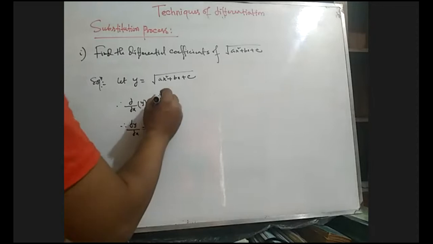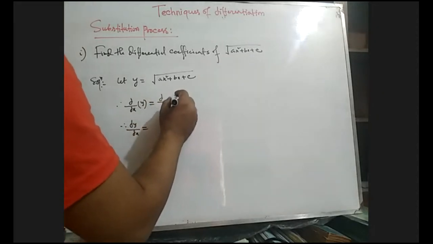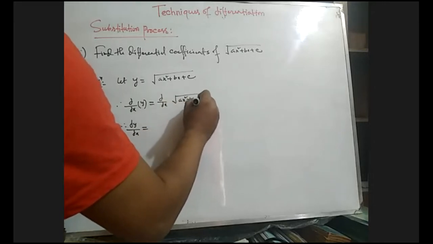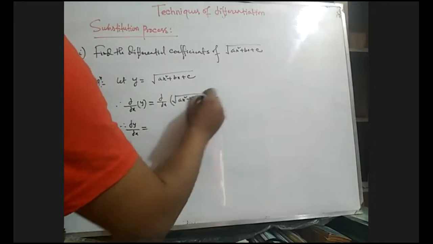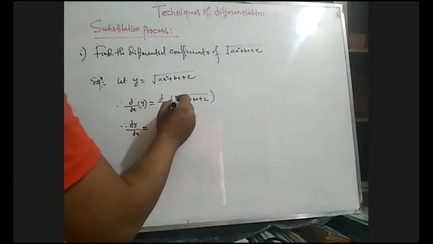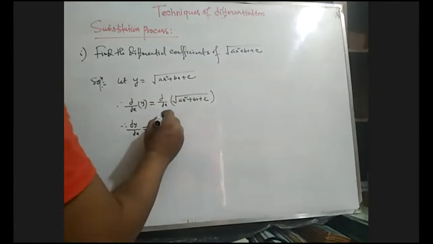So taking d/dx on both sides, we can write this. Okay, d/dx of this one. So suppose considering this is the f of x, then we can write a formula 1 by 2 root over x.